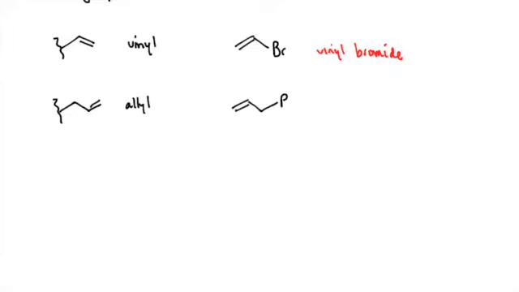And so this is where we get into a convention known as E and Z nomenclature. The E and Z nomenclature of alkenes is also known as the Cahn-Ingold Prelog convention, and it dictates that we assign priority to the various groups attached to the alkene in order to distinguish between the isomers.